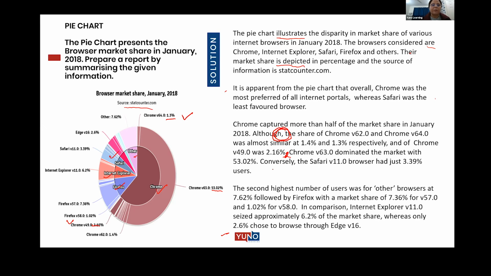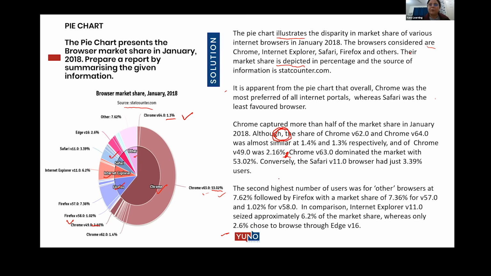Chrome v63.0. So this is v63.0, dominated the market with 53.02%. Exact information. Conversely, now on the other hand, right? On the contrary. So conversely, on the contrary, when I wrote this, it was exceeding 190 words. So this was a good way of reducing.